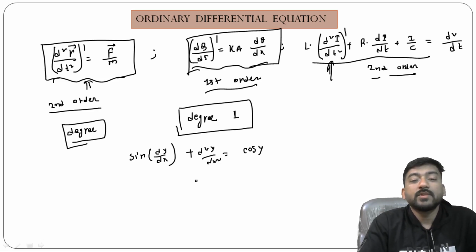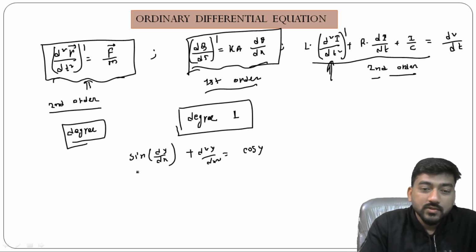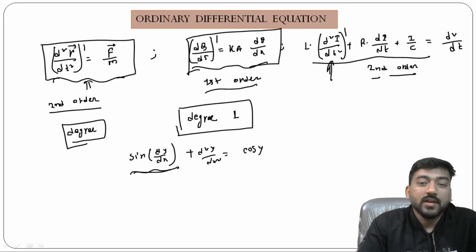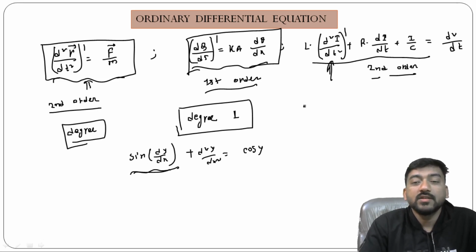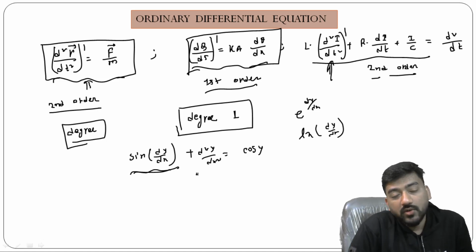For this kind of differential equation the degree is not defined, because it is not in the form of a polynomial; it involves a sine function. Similarly, if ln is involved, or e to the power dy/dx, or ln(dy/dx), then for this kind of differential equation the degree is not defined.